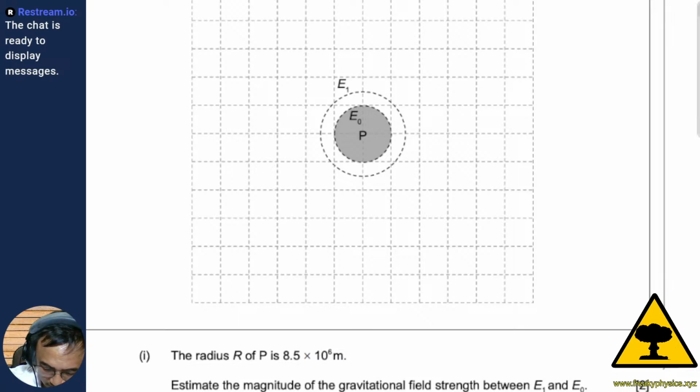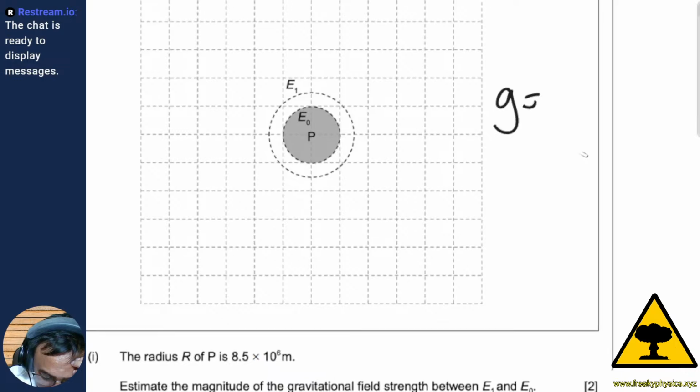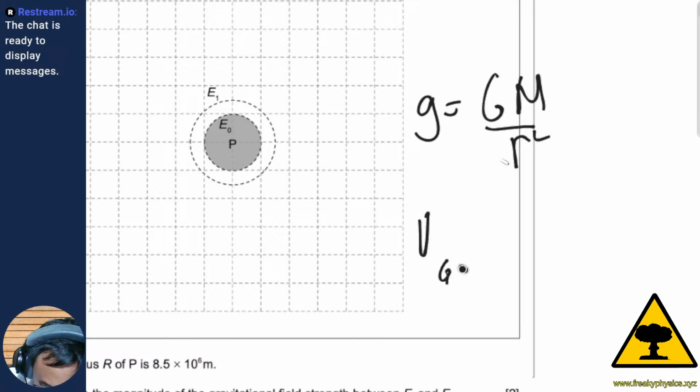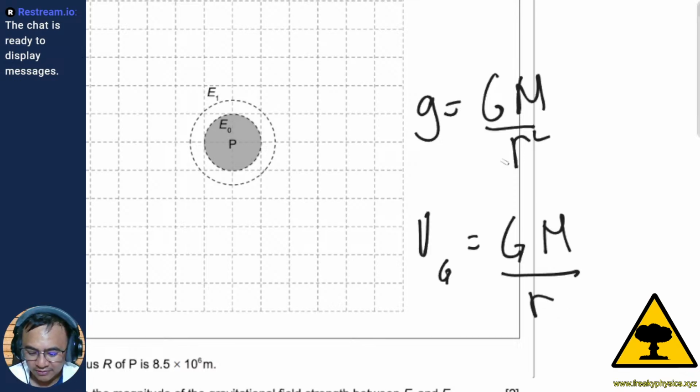So the idea here, I'll just write the equations first to make it easier for us to see. The equation for gravitational acceleration is this: g equals big G, big M over r squared. Okay, and then the gravitational potential Vg, we'll label it like that. It's going to be big G, big M over r. There should be a negative sign there, but we can ignore those for our purposes, right?